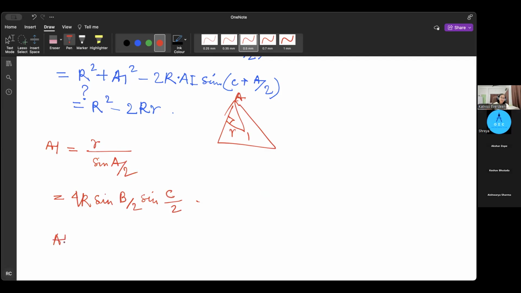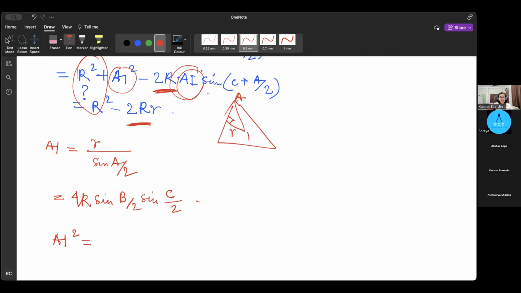So basically, what is AI squared? For AI squared, we will multiply this and this together and not square any one of them. Why? Because for AI squared, we somehow want a 2Rr, since we have a 2Rr in here. So we want to take a factor of 2Rr out of this, and we want to equate these two.